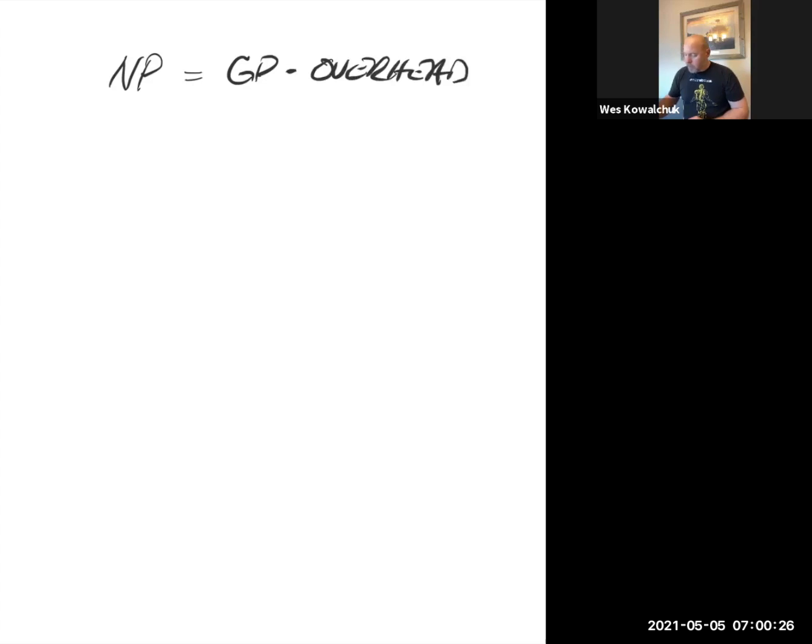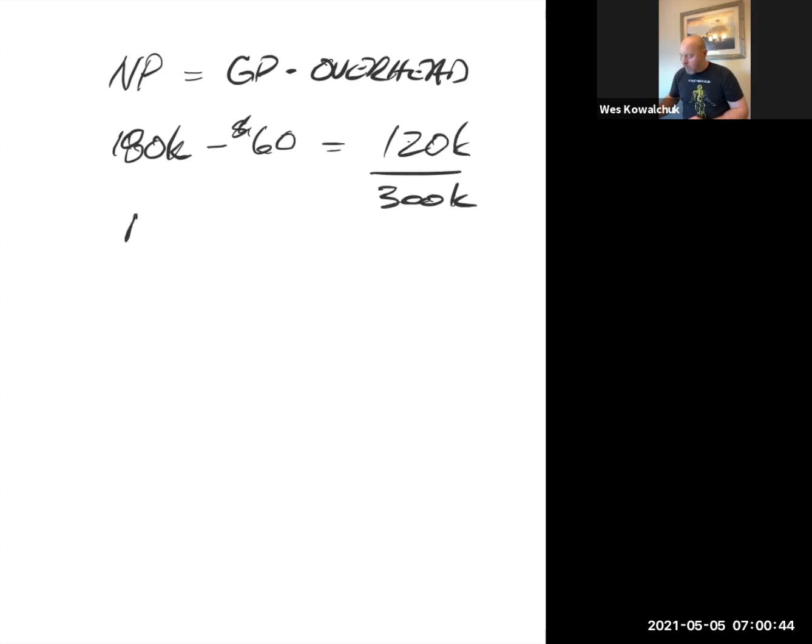In this case, gross profit was 120K minus 60K, which is our overhead, so we have a net profit of 60K. Divide that by 300K again, and that gives us our net profit percentage. In this case, it's 0.20, move the decimal over, you've got 20%. Does that make sense for you guys?